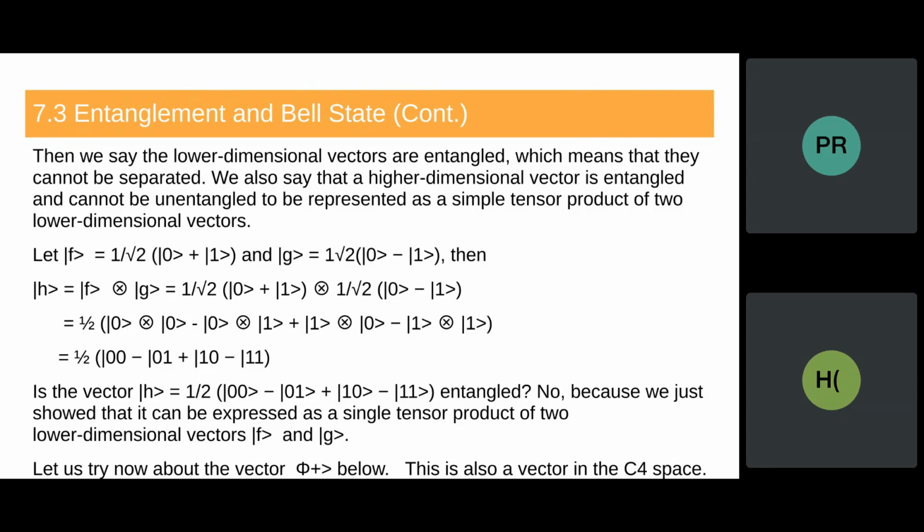So what we want to say is, if you cannot decompose, for example, if f is equal to 1 by root 2 of ket 0, ket 1, and g, f and g are two states, and h is equal to the tensor product of f and g, then if you compute this, you are able to separate out ket 00, ket 01, ket 10, and there should be a ket 11 which is missing.